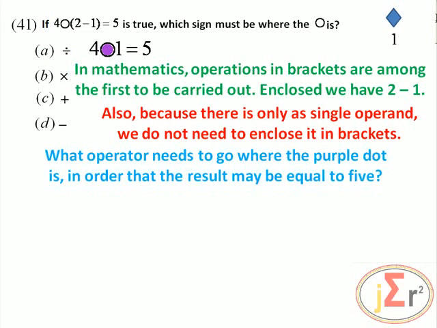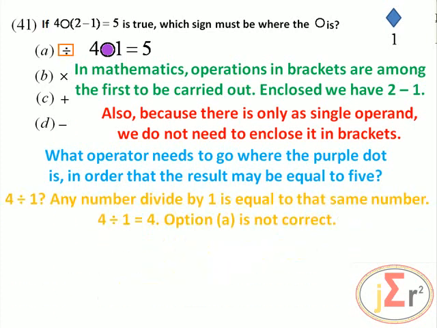What operator needs to go where the purple dot is in order that the result may be equal to 5? Divide? Alright, so let's say division. 4 divided by 1. Any number divided by 1 is equal to that same number. So 4 divided by 1 is equal to 4, and not 5. Option A is not correct.